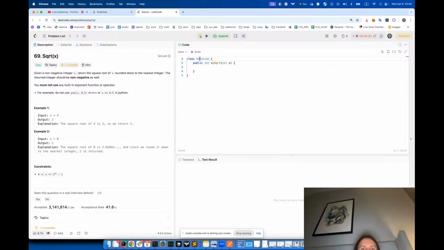So let's write some examples. I think we can solve it with binary search. So how can we do it? We start with 0 till this x, right?